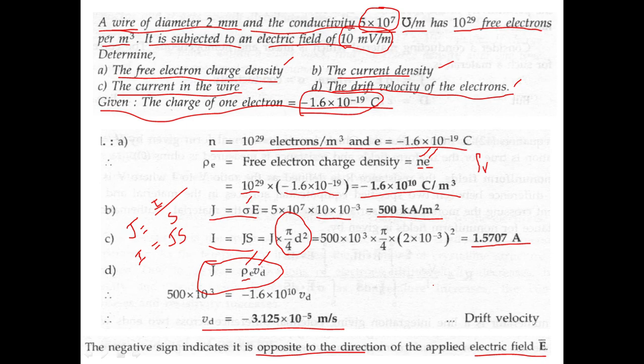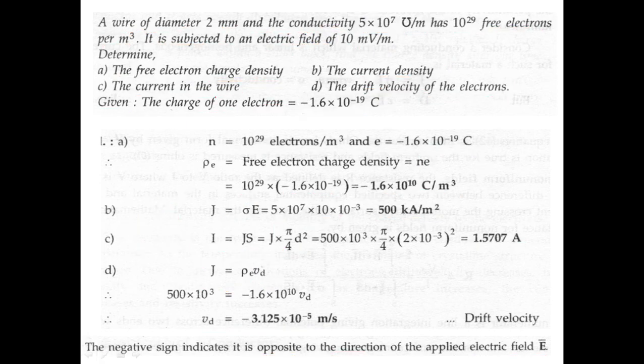So these are the formulas which you have to note. We have already discussed them in the previous class, but while solving problems, if you note down the formulas, it will be easy for you.